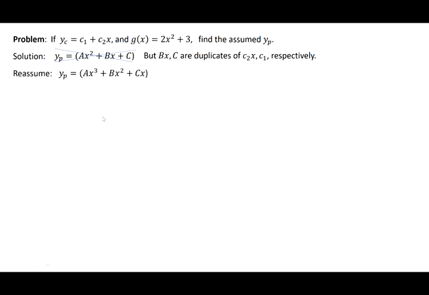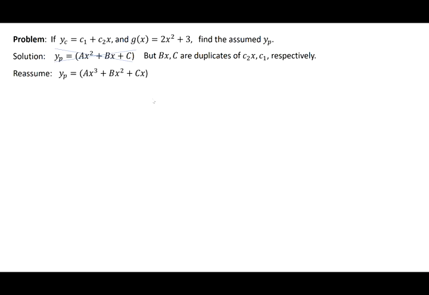Whether we can go with it or not is a different story. So check again. Ax cubed, cool, no duplication. Bx squared, no duplication. Cx, Cx is a duplication with C2x, right?